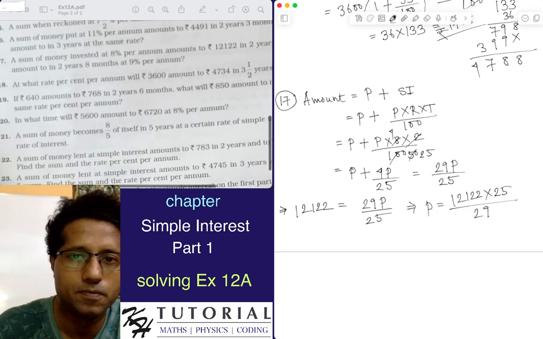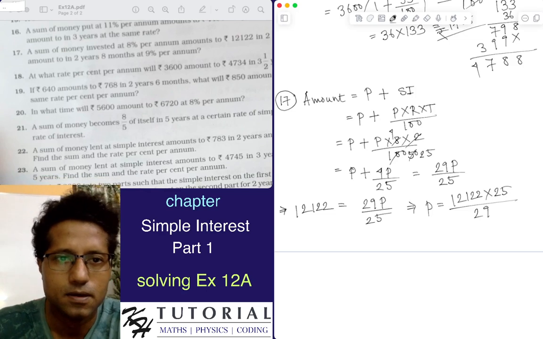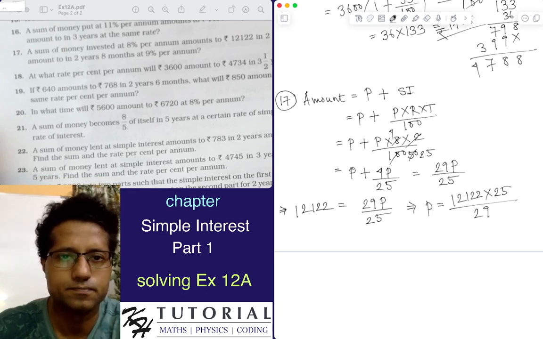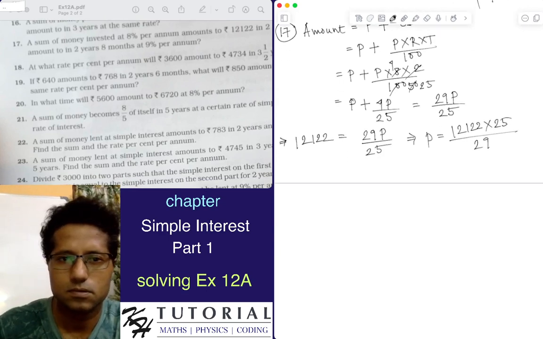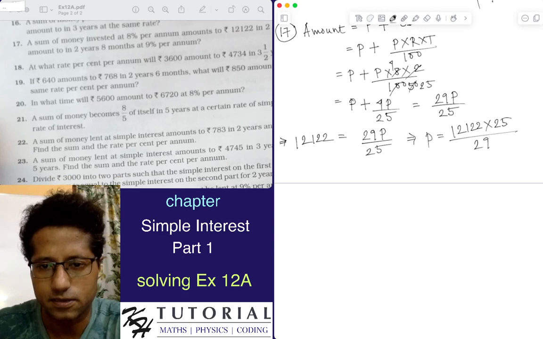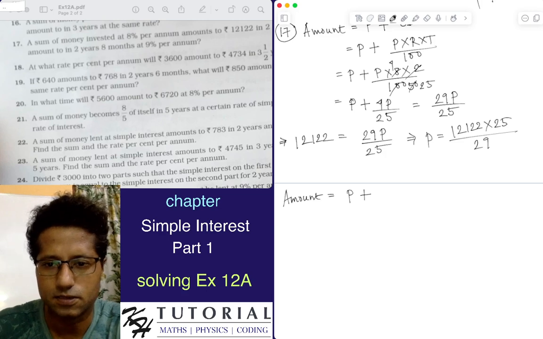Now it is asking what will it amount to. I mean, the sum will be the same, in 2 years 8 months at 9% per annum. So for the second case, the principal is the same, and amount is equal to P plus SI.